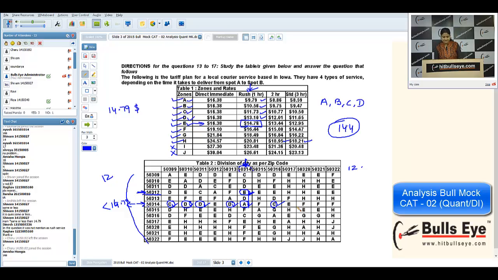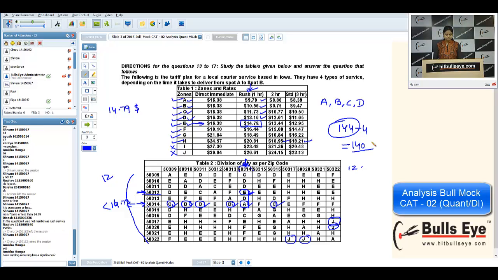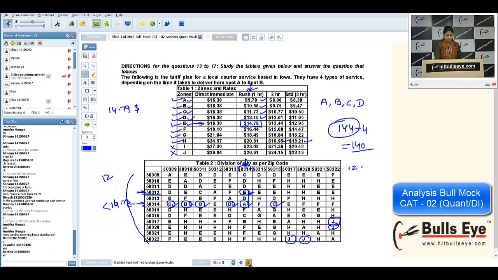That's why I'll not consider I and J. And in total, how many J's are there? 4. And there is no I. That's why I'll subtract that. So how many combinations are available? 140. Is it okay, Amisha? Should I proceed further? Does not matter. Amisha?